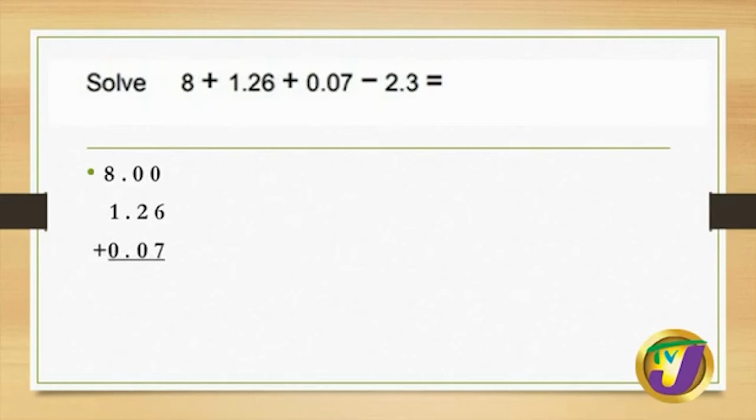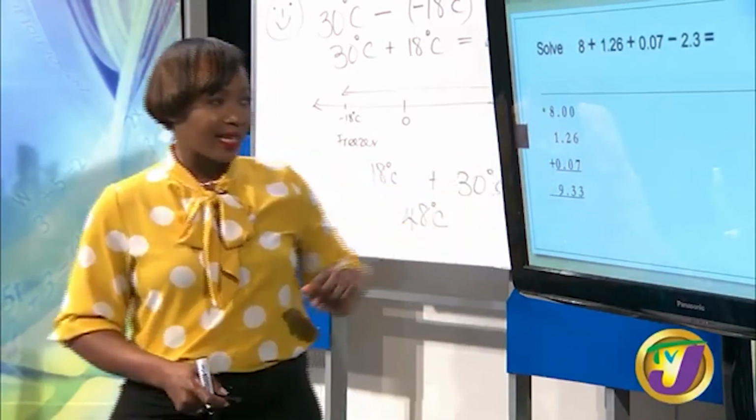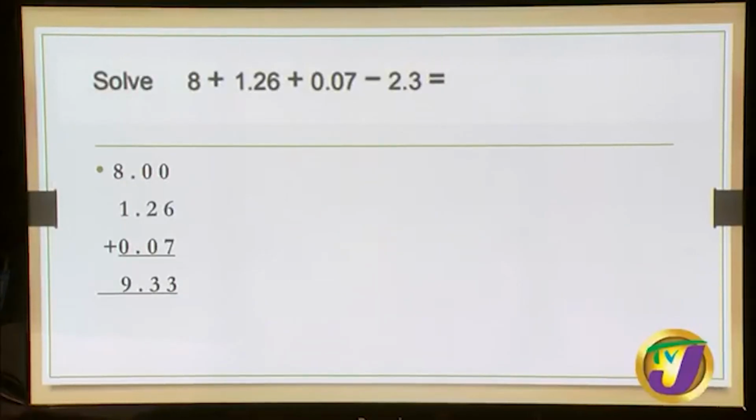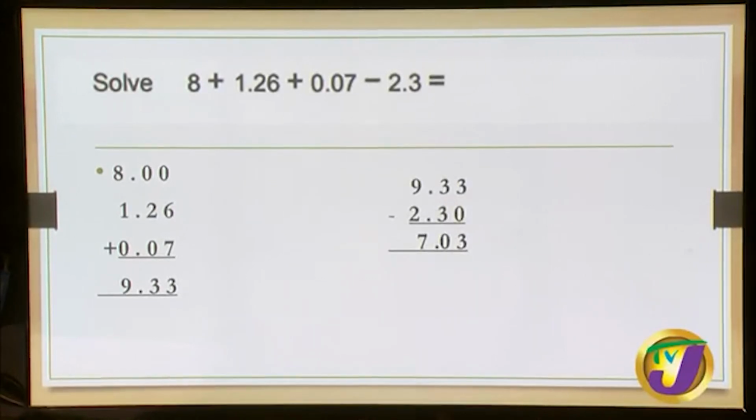Every place, my hundredths place must line up, my tenths place must line up, and my ones place must line up in order for me to ensure my calculation is correct. 6 and 7, 13. I put my 3 and carry my 1. 1 and 2, 3. 8 and 1, 9. So it's 9.33.